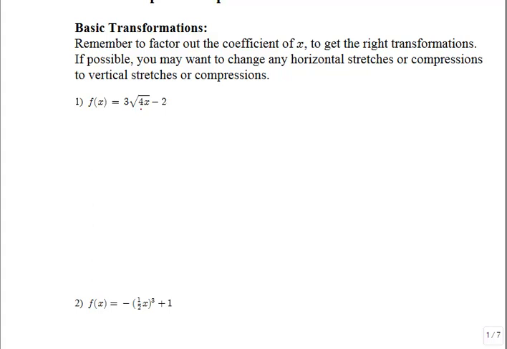And you can do that on this example because square root of 4 reduces nicely to a 2 that you could pull out. So in other words, we could change this to 3 times, and then change that square root of 4 to a 2 and leave that x under the radical, and then this 3 times 2 just becomes 6 square root of x minus 2.